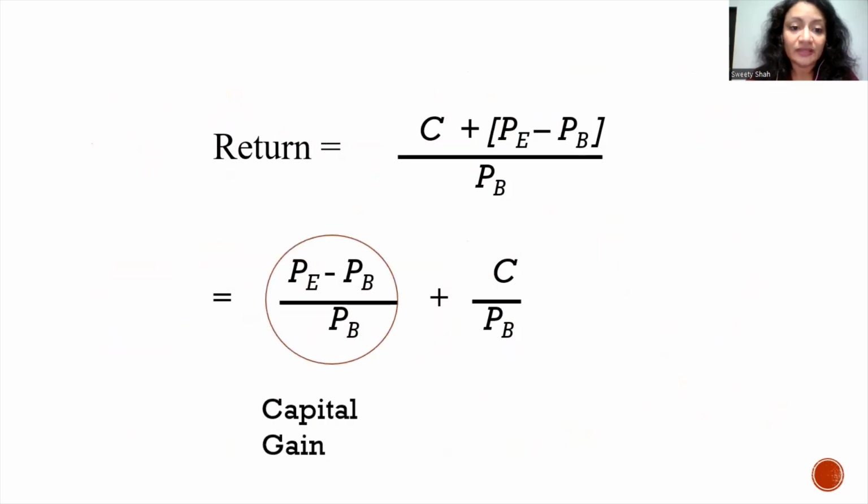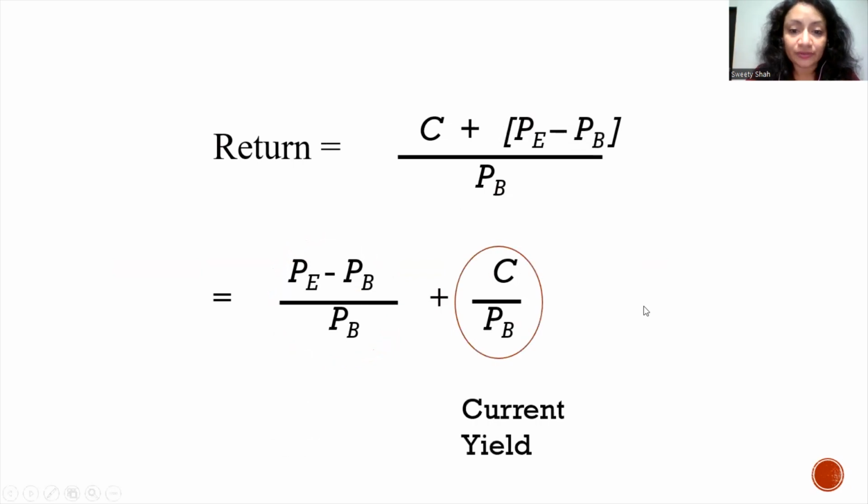This particular component is denoted as the capital gain percentage or capital appreciation, or in other terms we call it capital return as well. Whereas this particular calculation is going to give you the current return percentage.